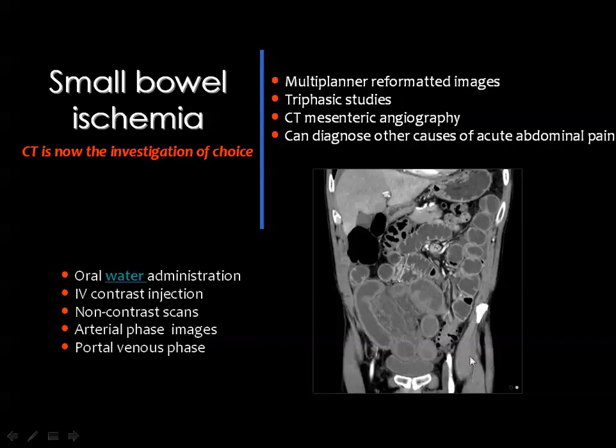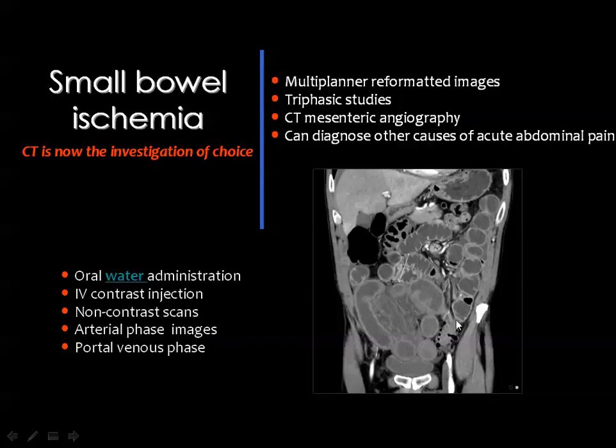In order to reach the diagnosis and conduct the examination in a good way, it's better to give the patient oral water instead of oral gastrografin, and also to have non-contrast scans before injecting the patient with intravenous contrast. Then inject the patient with intravenous contrast and image the patient in the arterial phase and in the portal phase in order to see the arteries and also to see the veins.